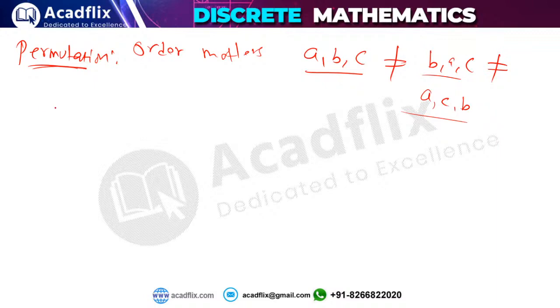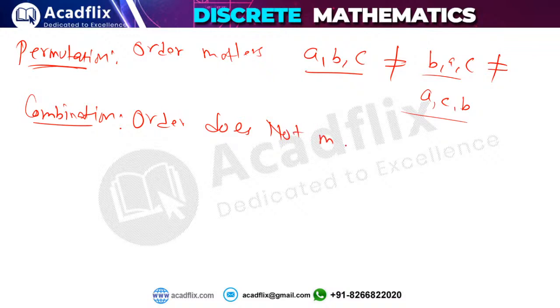Now we will see combination. In combination, order does not matter. For example, let's take one example. Let's assume there are 10 students. Total 10 students are there. You want to select 3 students and put them in your cricket team.